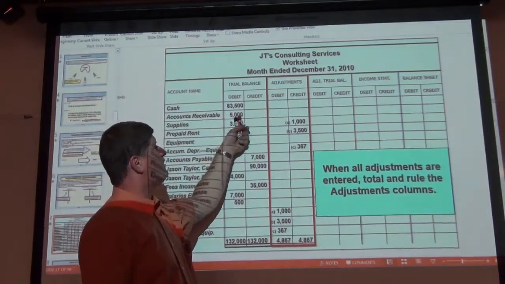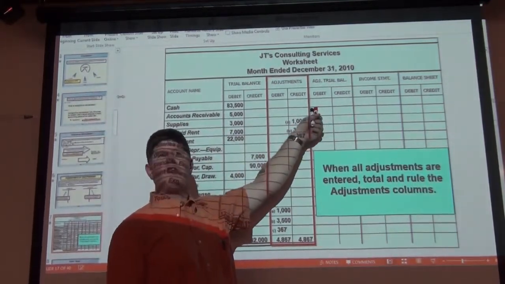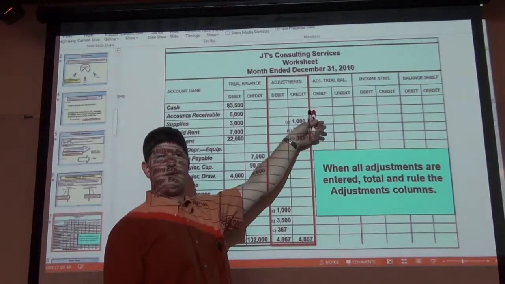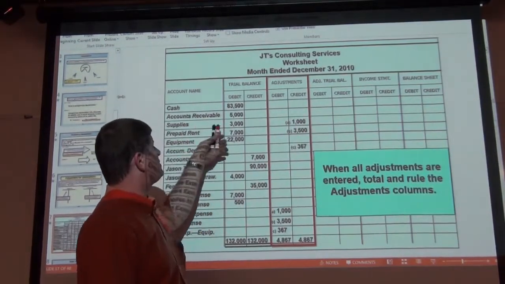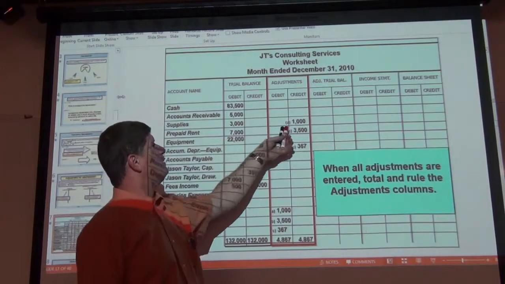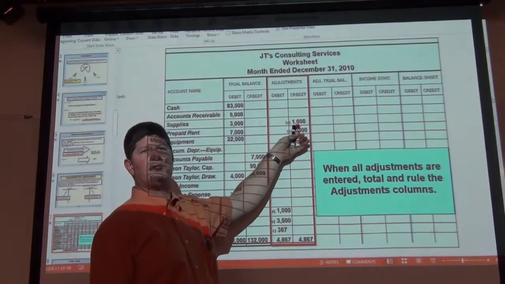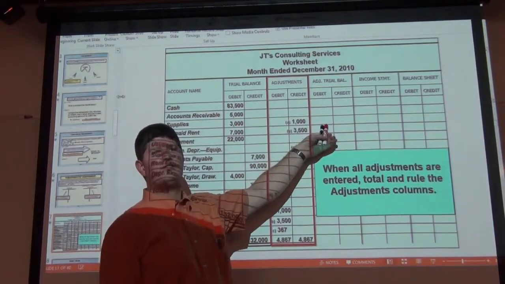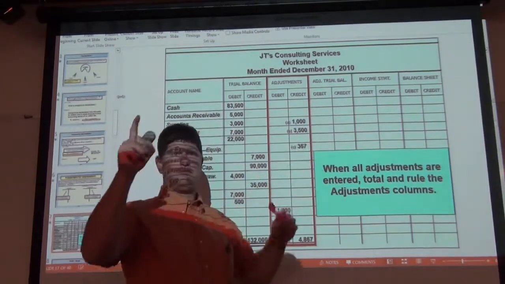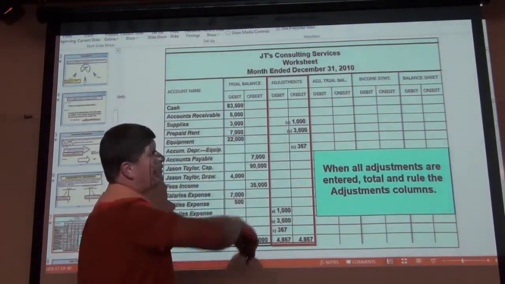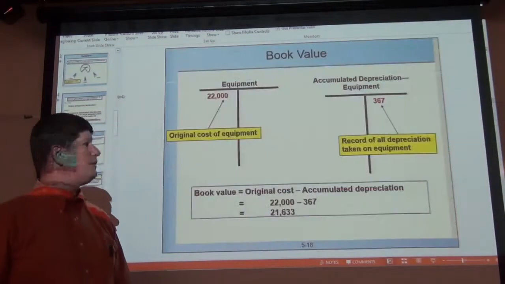Accounts receivable, 5,000, no adjustment. I would have a $5,000 debit as my ending balance. Supplies, I have a $3,000 debit, $1,000 credit. What's my ending balance? $2,000 what? Debit. Okay? So you just go down and you do the math across.